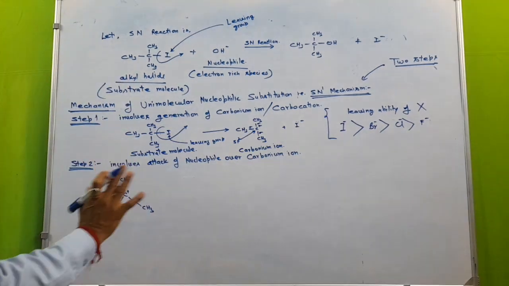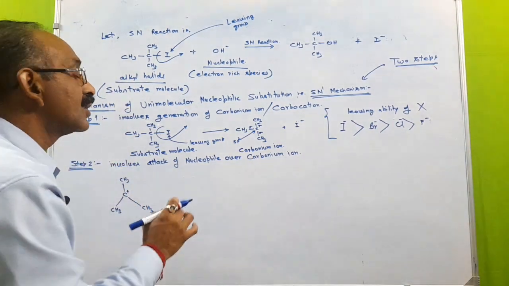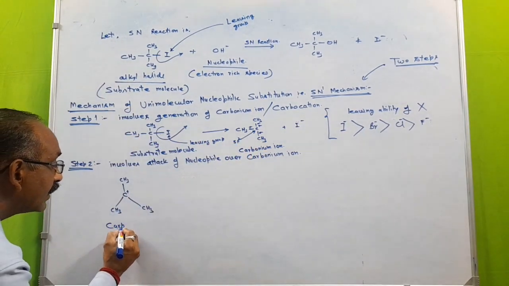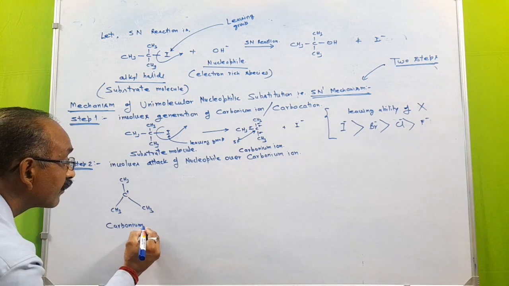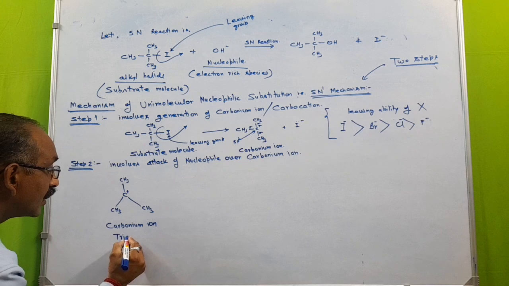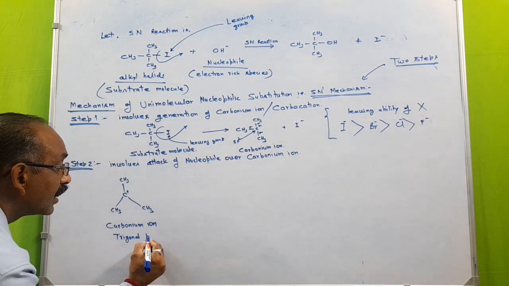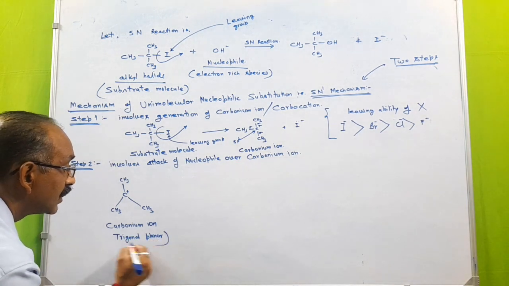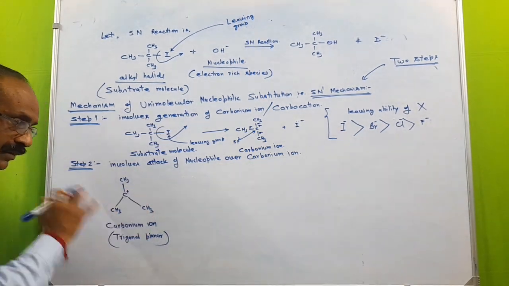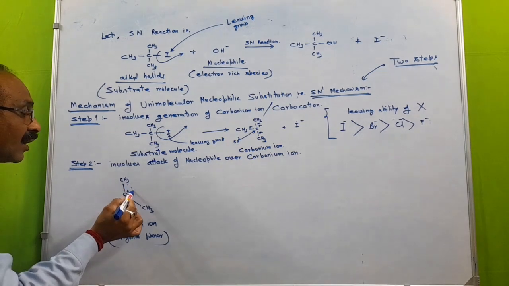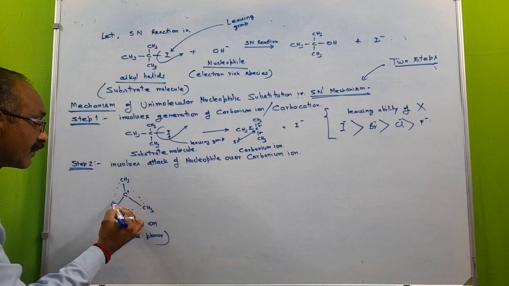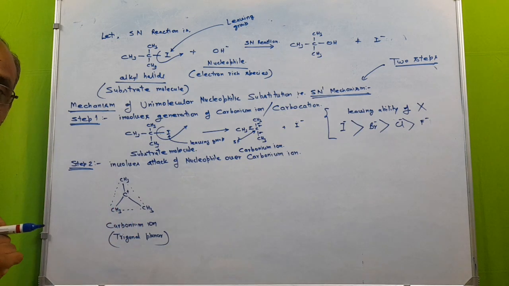And if it is sp2 hybridized, therefore this carbonyl ion will have a trigonal planar geometry. So here these 3 all are lying in the same plane, having a trigonal planar geometry.